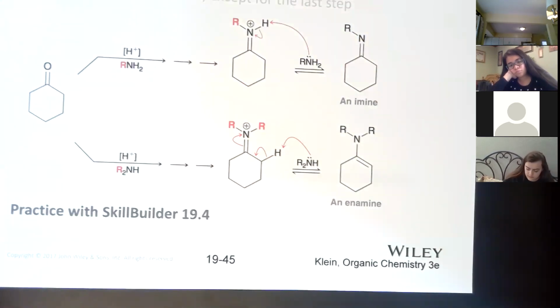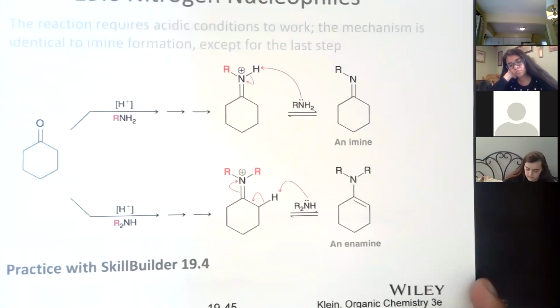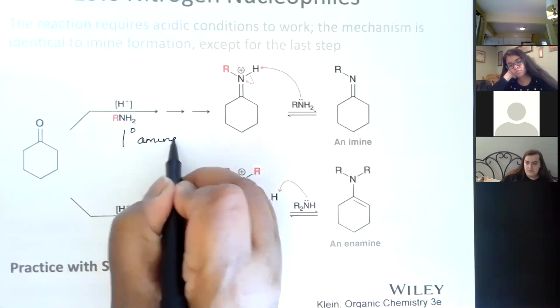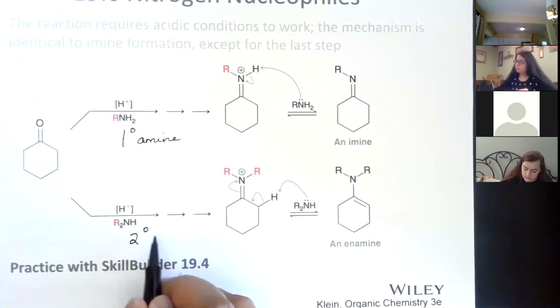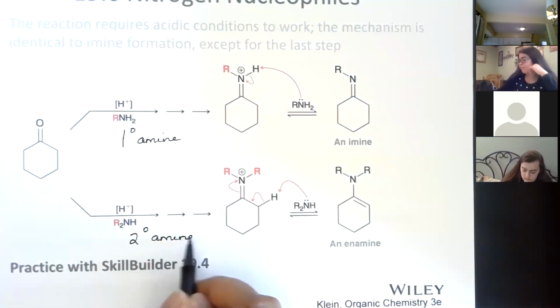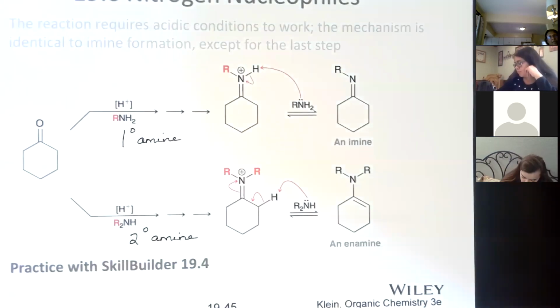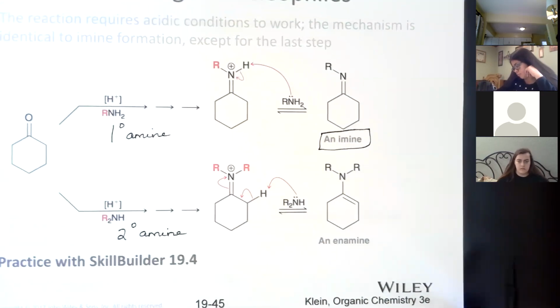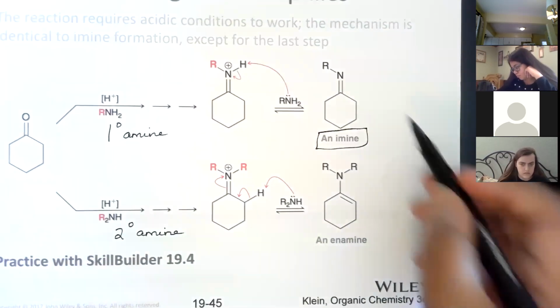Now, summary of the two reactions. One with the primary amine and the other with the secondary amine. Okay. With the primary amine, you get an enamine. No, I'm sorry, imine. And look at the structure.